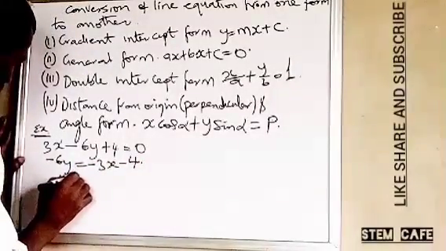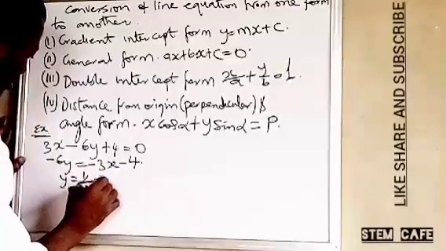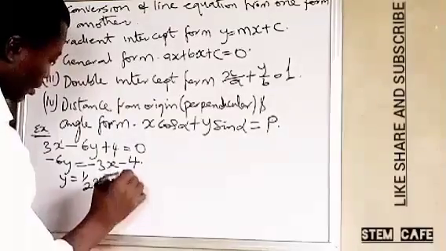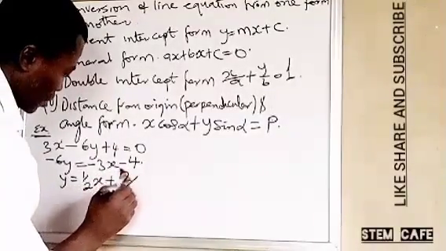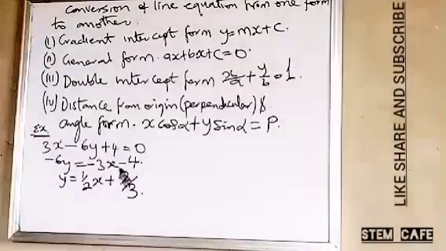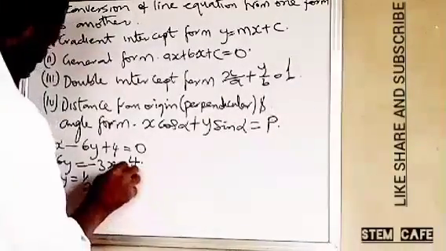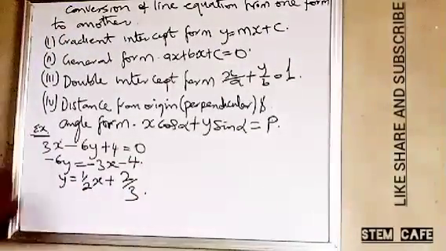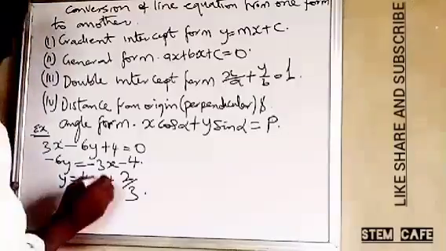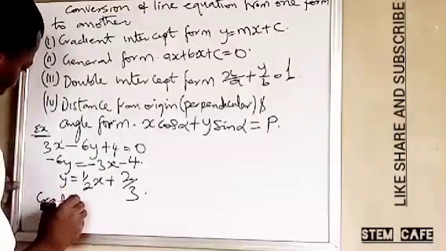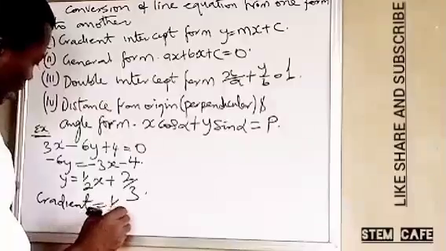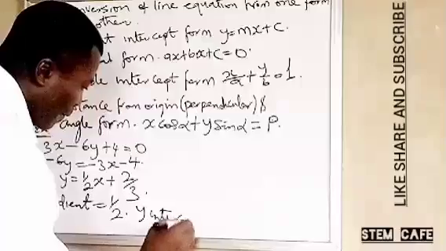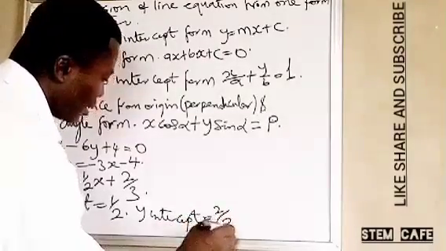So y is equal to half x plus 4 over 6, or 2 over 3. So this is gradient intercept form. From here you see that the gradient is equal to half, and the y-intercept is equal to 2 over 3.